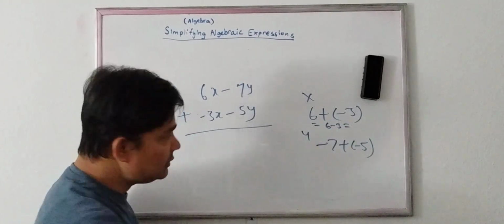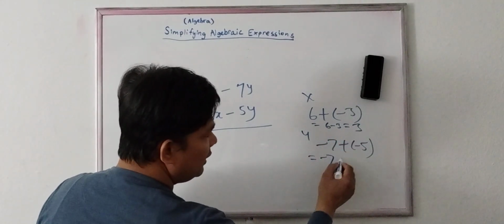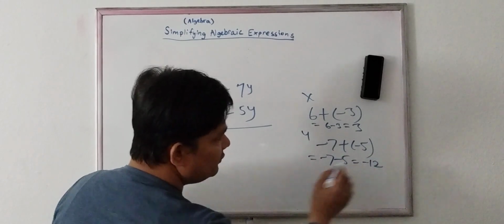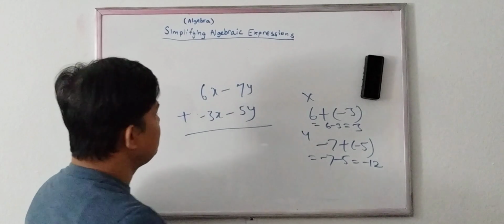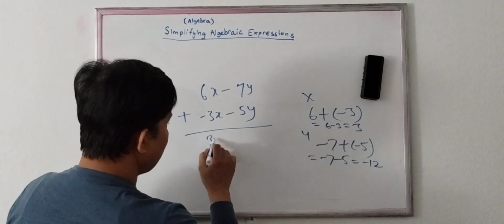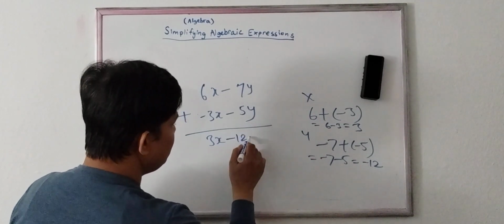Yes or no? Yes. So this is 3, and then here minus 7, again minus 5, which is minus 12. Okay, so now I know the answer. This one is 3x, and then this one is minus 12y.